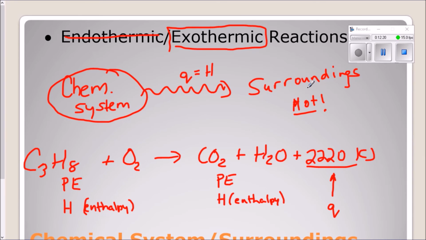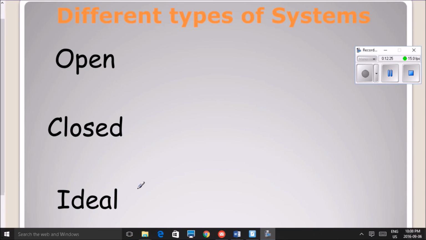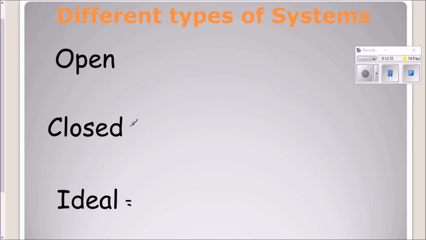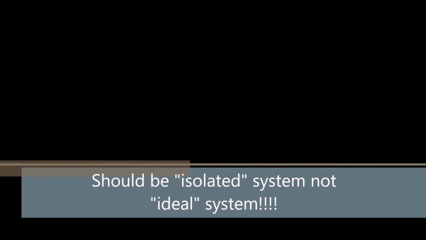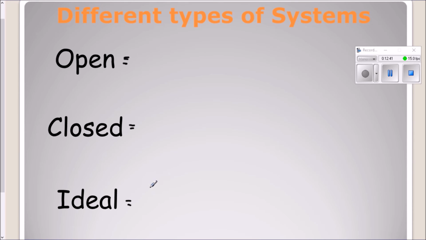In order for us to determine what the enthalpy of a system is, or to figure out how much heat was released from our chemical system, what we need is something called an ideal system. An ideal system can be imagined like a beaker. If I had a perfect beaker that was insulated, and then I had a lid on it, and I had my chemical reaction happening inside this beaker with this lid, no mass and no energy can escape.